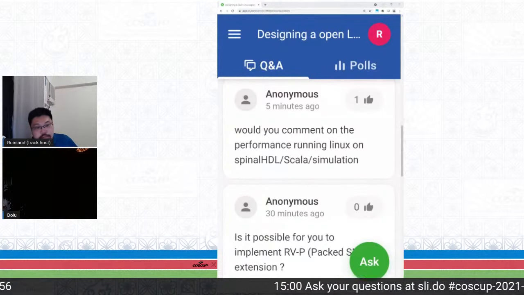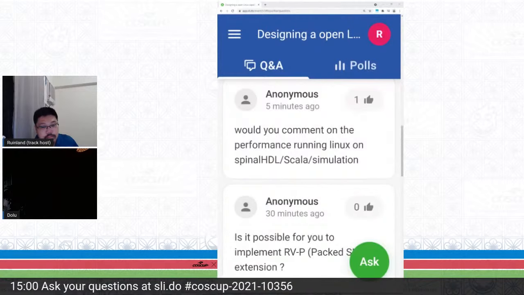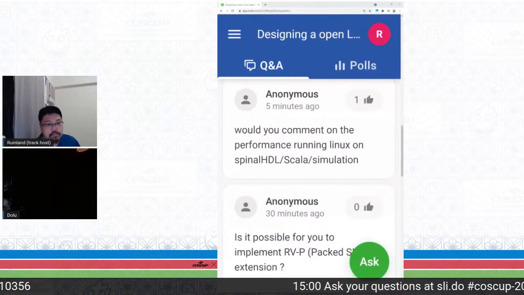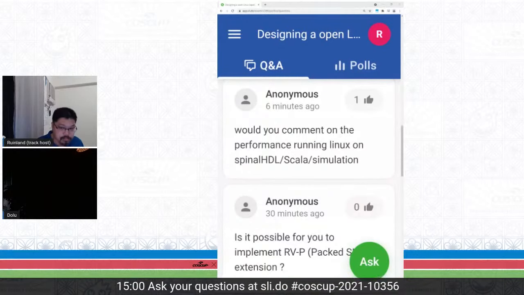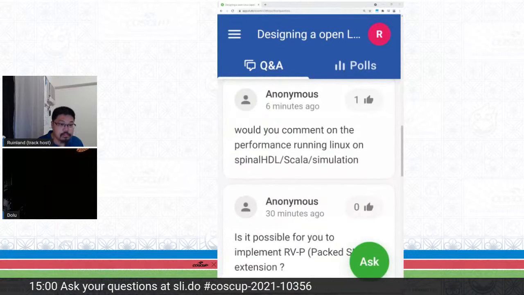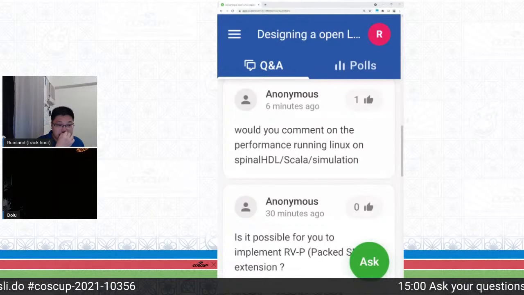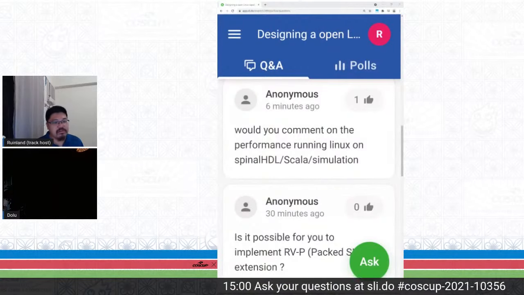And when I run a SoC, I'm seeing about 200 kilohertz, so 200,000 cycles simulated per second when I'm running a SoC in SpinalSim, so with the Scala API. I'm not exactly sure of the number, but it's about those numbers, like 200,000.